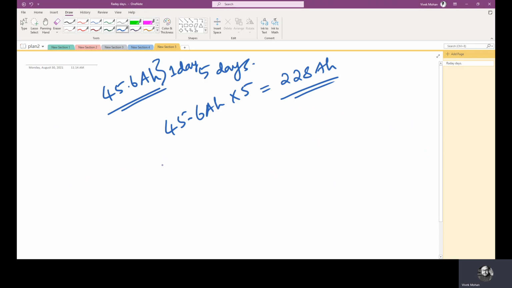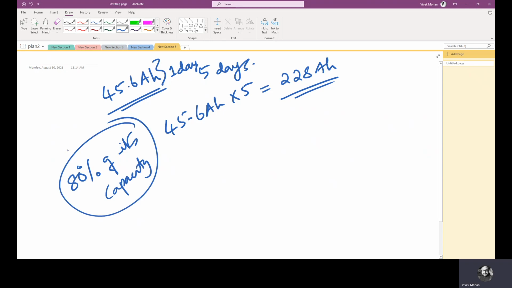Now, for getting a longer life for the battery, it is recommended that the battery be operated using only 80% of its capacity.